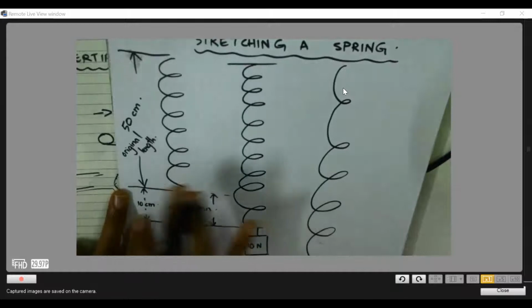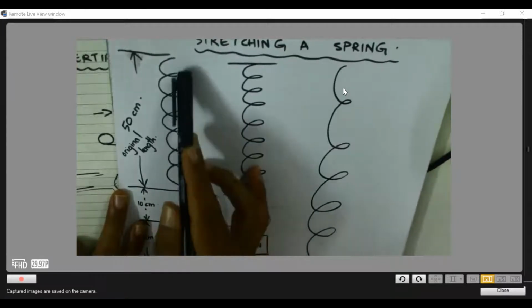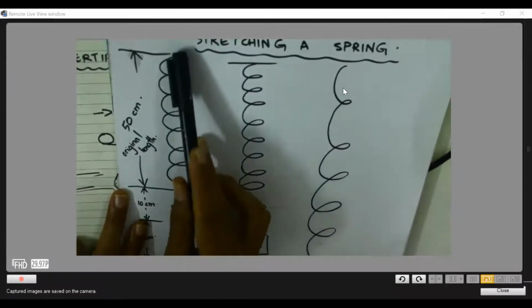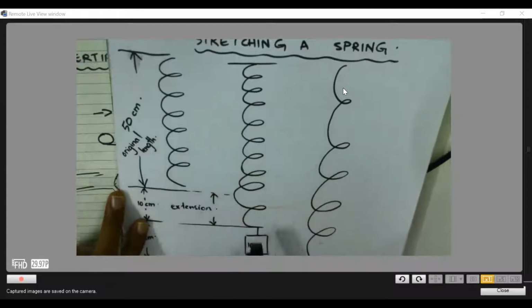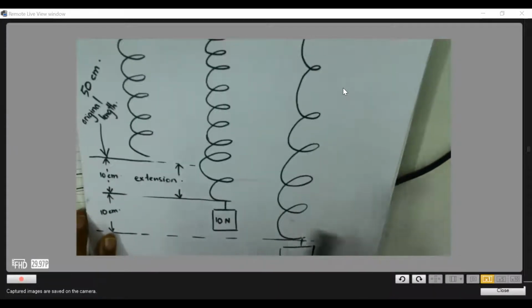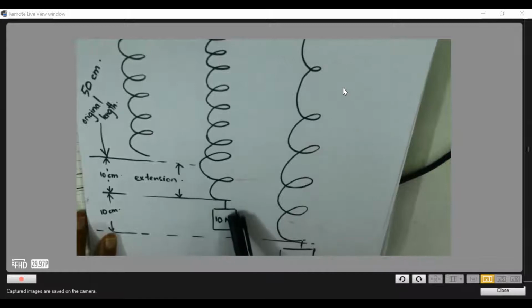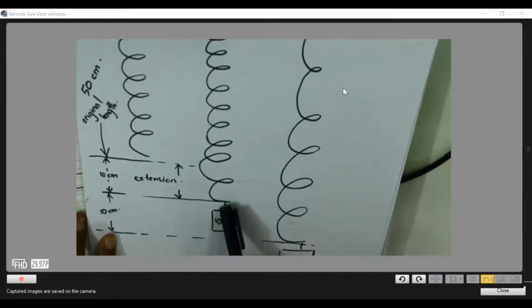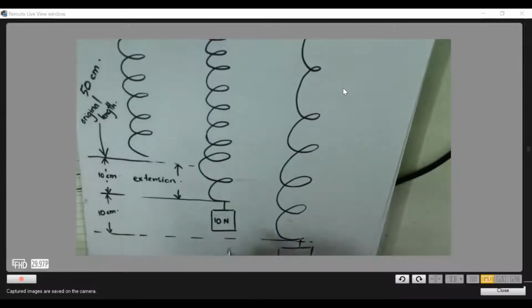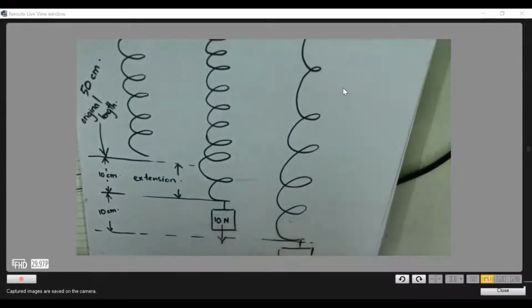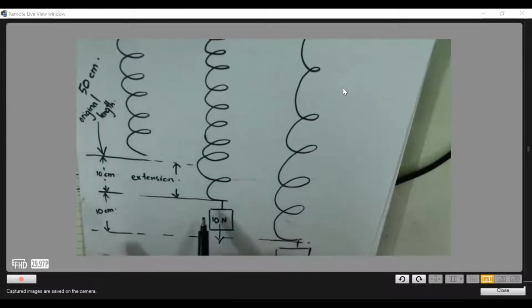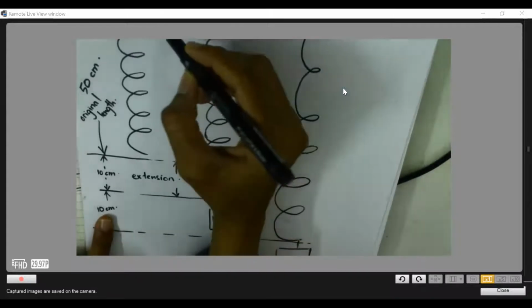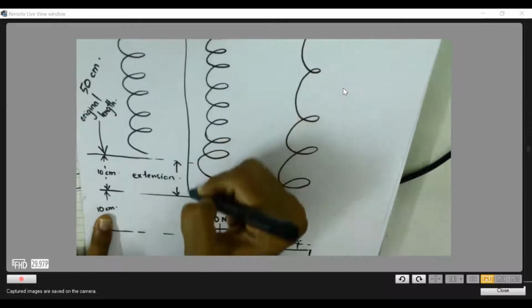Once we know it, we can put a known weight, such as 10 newtons. The weight will be directed towards the center of the earth.